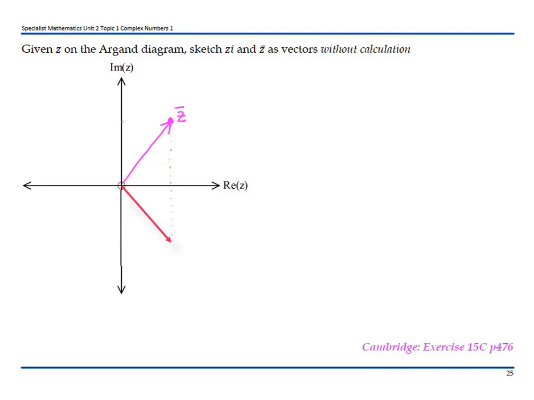Now, zi, so I should write that, my conjugate is a reflection on my real axis, and my zi is a rotation 90 degrees in the anti-clockwise direction.